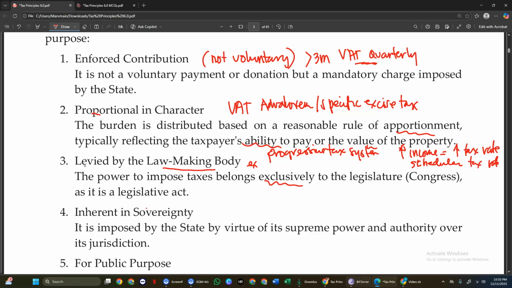But again, there are some exceptions to the rule, like tariffs that can be set by the president within a certain range, and the LGU that could also raise revenue in the form of taxes, but it is confined to the legislative body, like the council.